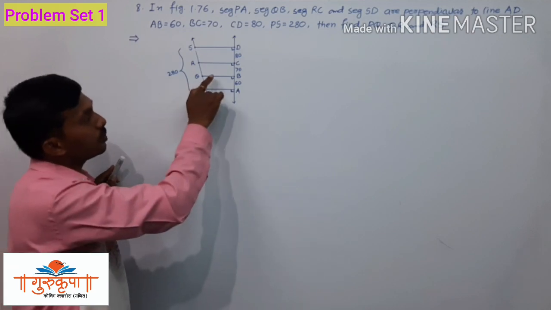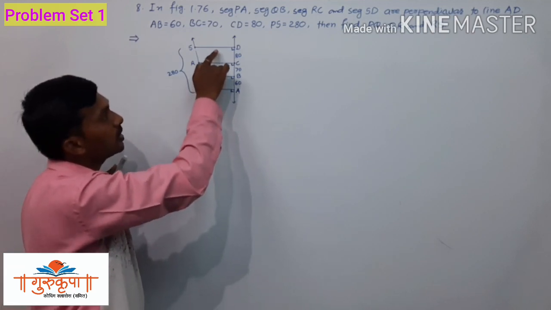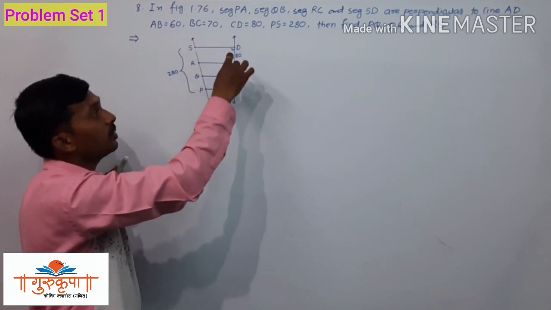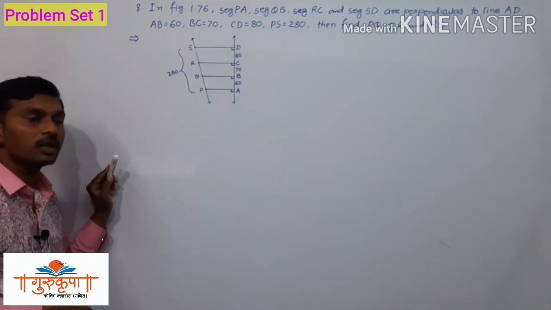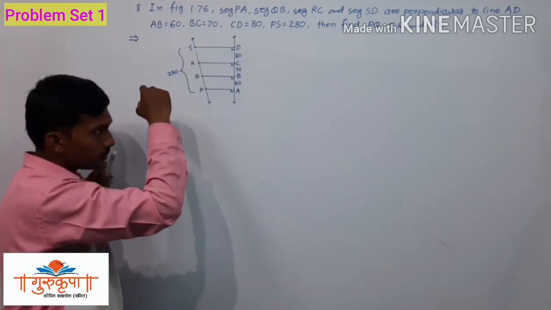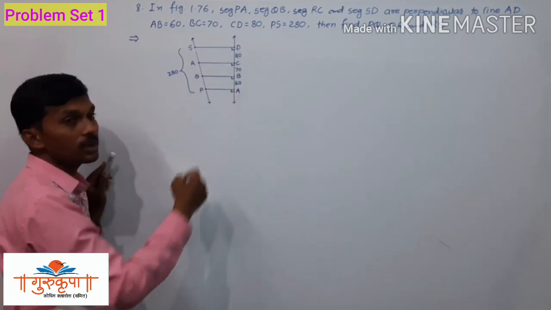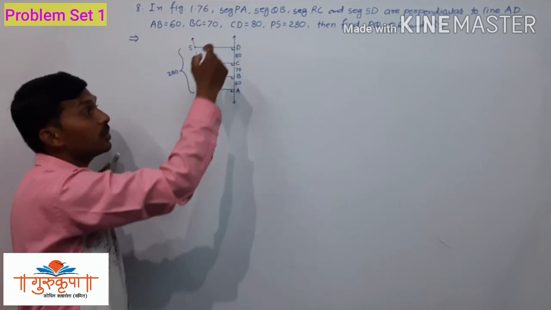Now we have to use that property for these 3 parallel lines, QB, RC and SD, and then we write QR upon RS is equal to BC upon CD. First equation is PQ upon QR is equal to AB upon BC. Second equation is QR upon RS is equal to BC upon CD.